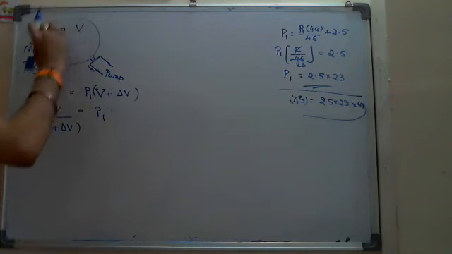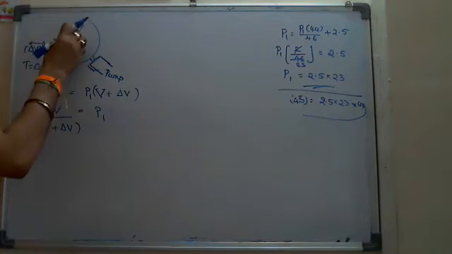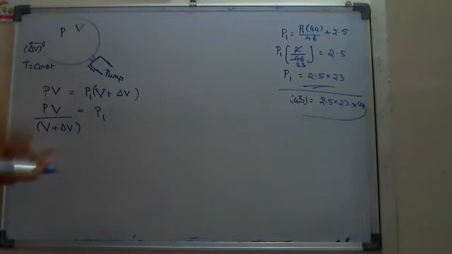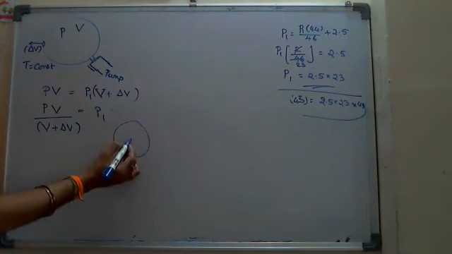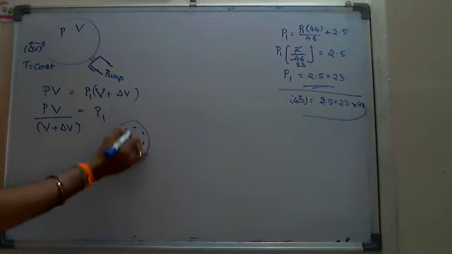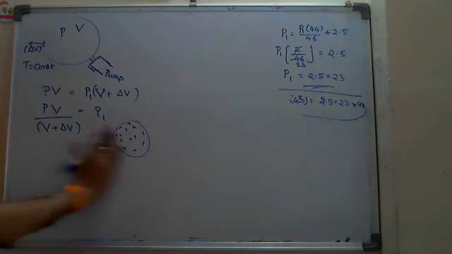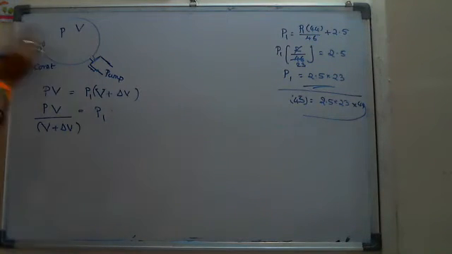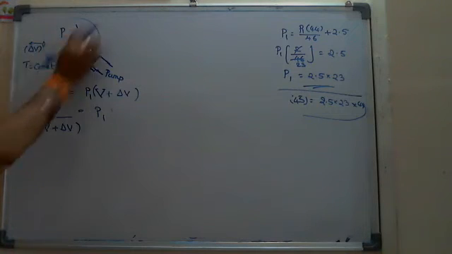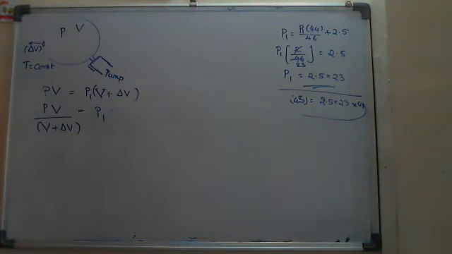Then the remaining molecules will try to occupy the full one, that you know from physics or chemistry. Whatever number of molecules you take in the bulb, those molecules fully occupy the whole volume. That's why after pumping out, the volume again becomes V only.